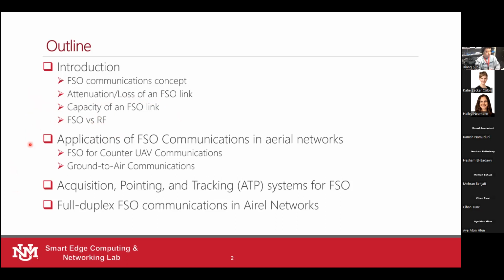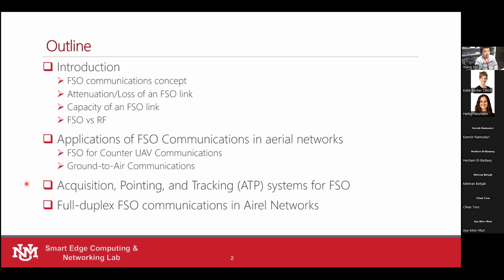Then I'm going to talk about two particular applications of using FSO in aerial networks. One is for air-to-air communications, where we're going to use FSO for counter-UAV communications. The second application is for ground-to-air communications, where we're going to use UAVs to deploy aerial base stations in different areas, like disaster-struck areas, to facilitate mobile networks.